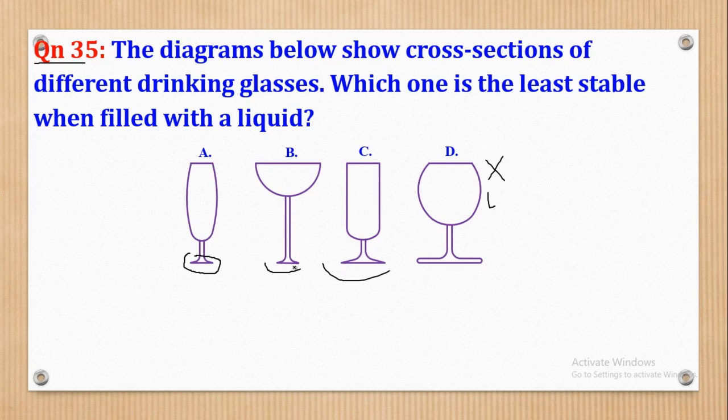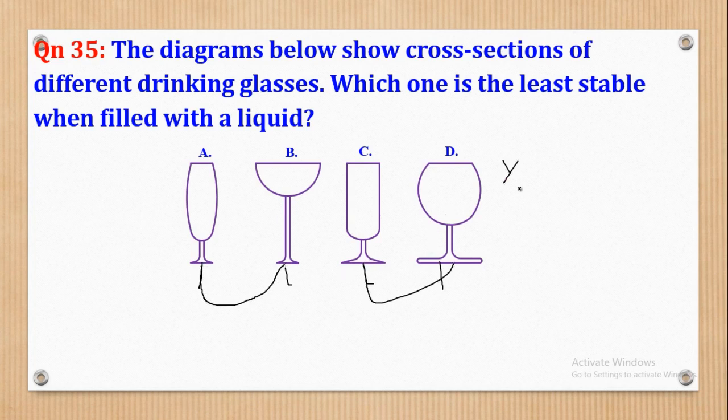Also, if you compare these two, they are of the same size, but these ones are bigger. So these are not okay, because they are a little wider in area.